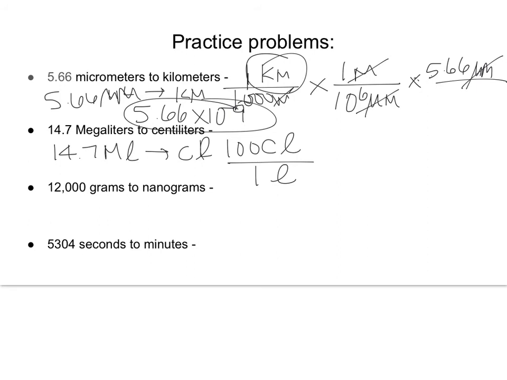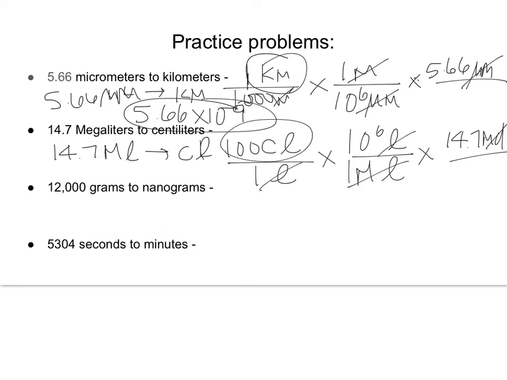So we have 100 centiliters for every liter, and we're going to multiply that by how many liters in a megaliter, and that should be 10 to the 6th, or 1,000,000 liters in a megaliter. Okay, and then what we can do is to get rid of our 1 megaliter, we say 14.7 megaliters. Okay, so again, we cross out those megaliters, we cross out the liters, and we're left with centiliters at the end. So I'm going to pull out my calculator.